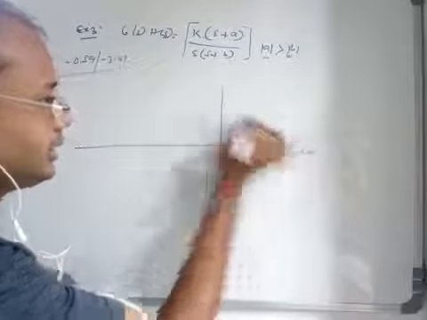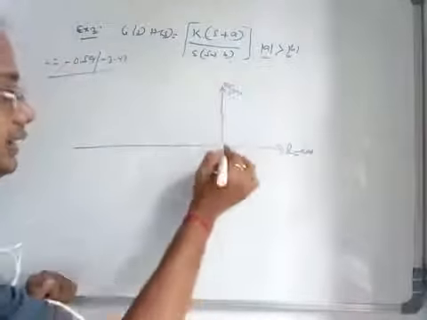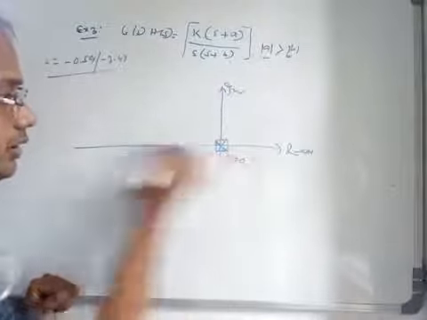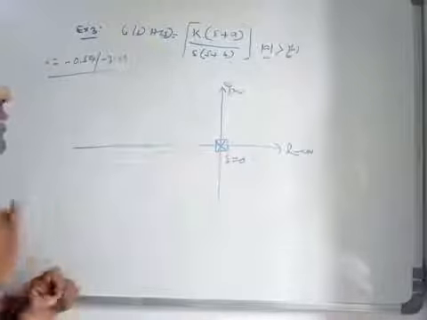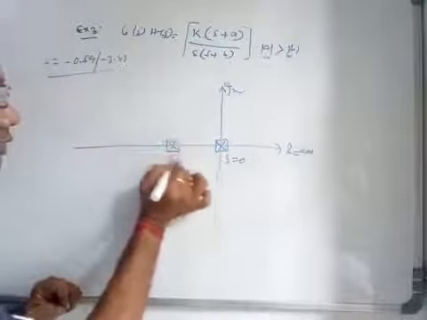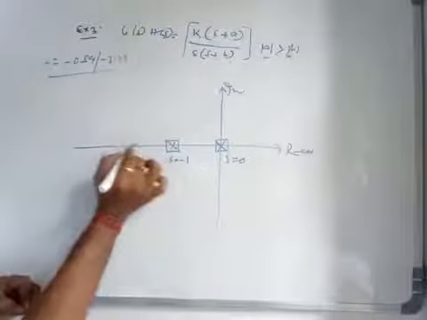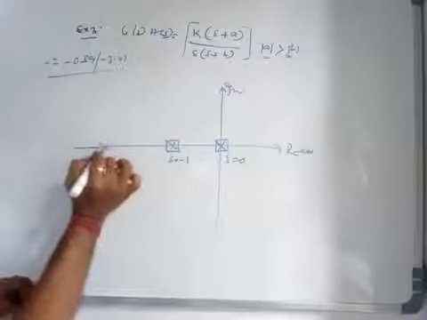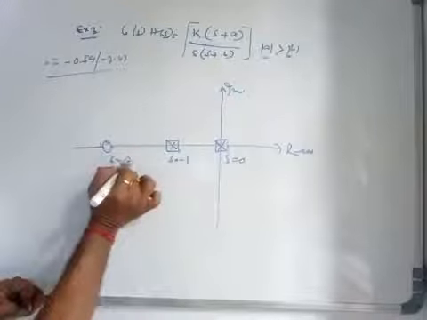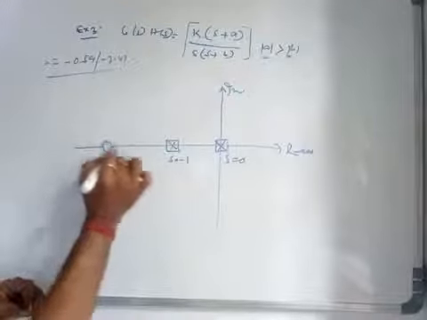This is your real axis, this is your imaginary axis. So at s is equal to 0 there was a pole. At s is equal to minus 1 there was a pole. And at s is equal to minus 3 there was a 0.